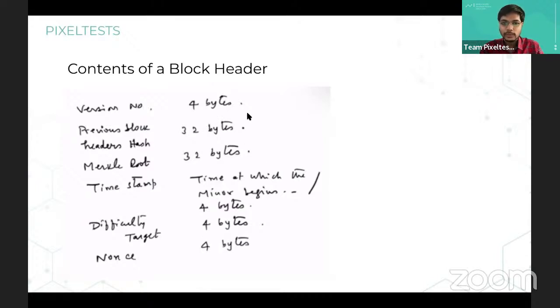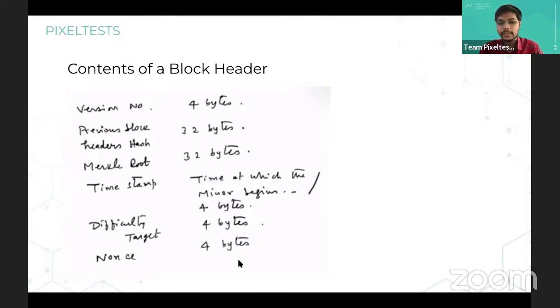Every element has its own size, and when you sum all of it together, it will be 80 bytes. The nonce is 4 bytes, a numerical value, which will be saved onto the block header.